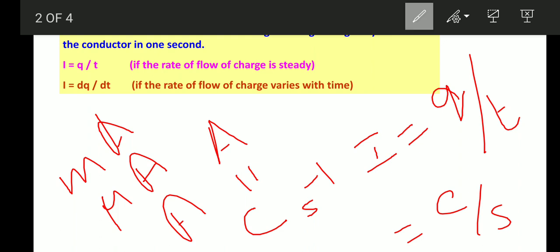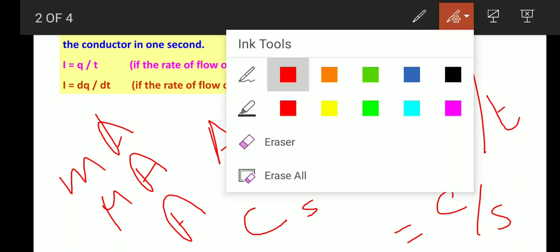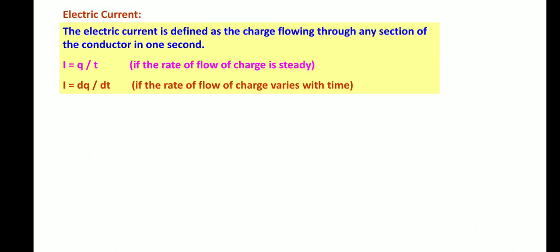Now, what is steady current and what is varying current, that we will study in the next slide. First, steady in the sense which does not vary with the time.